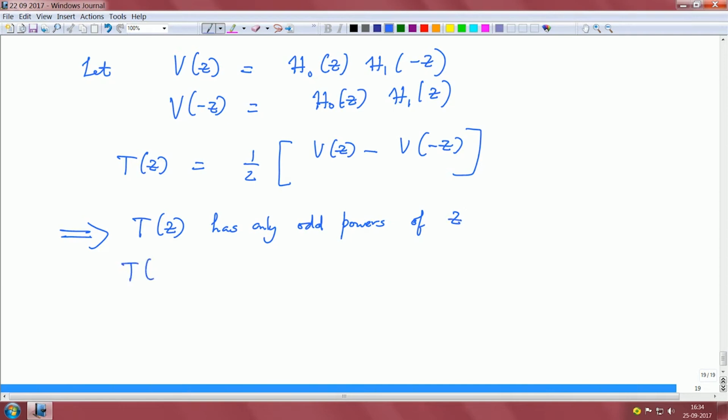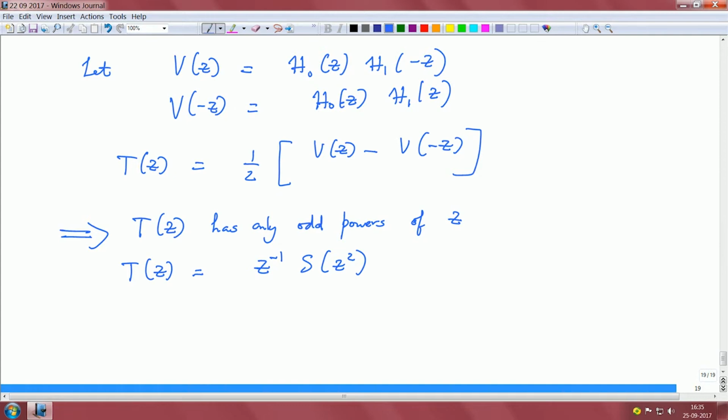Therefore, T of z can take this form: z power minus 1, that is you factor out a unit delay, times some polynomial in z squared, because you will have z power minus 3, all the odd components. So, just factor the delay out, the rest of it would be even, so there will be some polynomial in z squared.